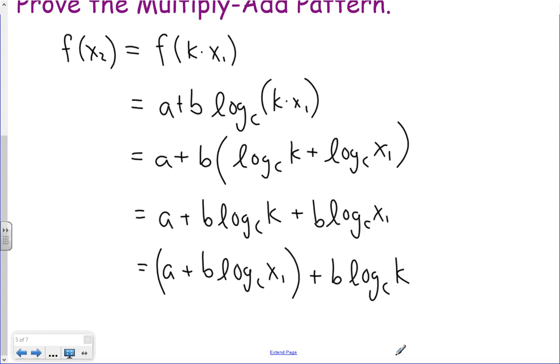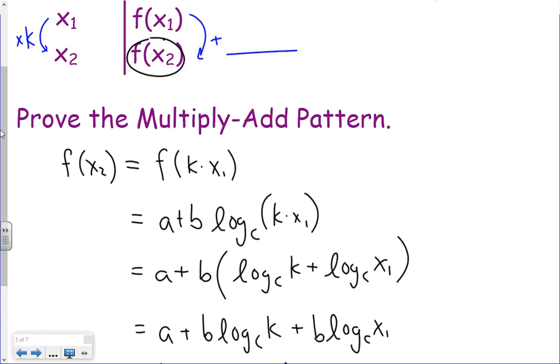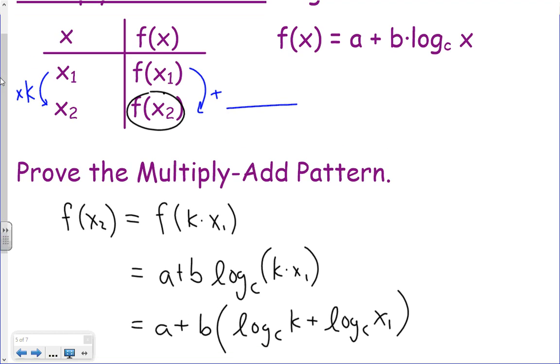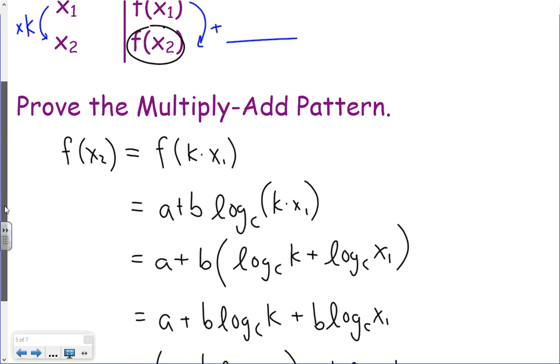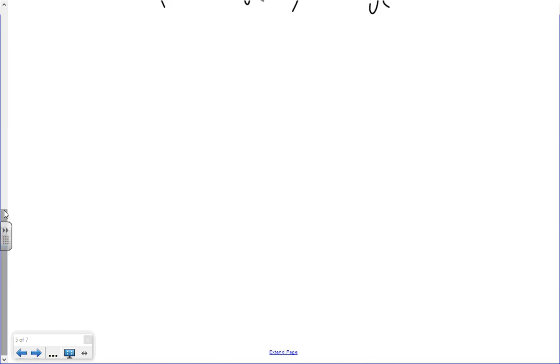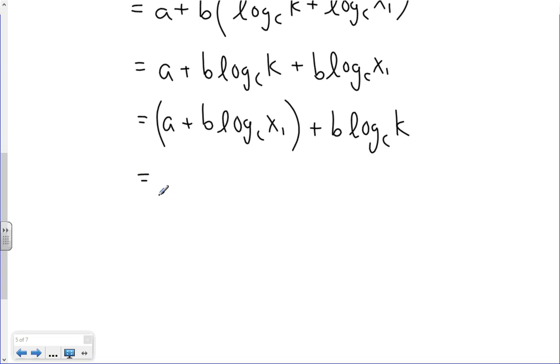And again, if you look at what I have in parentheses now, that's actually the original function evaluated at x sub 1. If I go back up here, my original function was a plus b log base c of x. That's when you're plugging in x. But here I've got an x1 in there, so that must mean I've plugged in x sub 1 into this function. So I've got f of x sub 1 plus this quantity, b log base c of k.